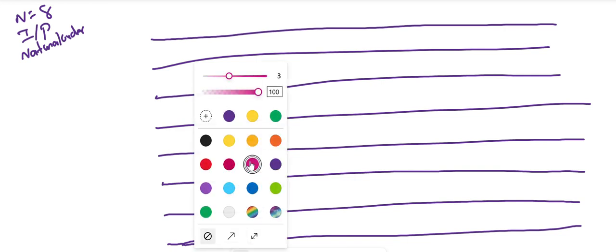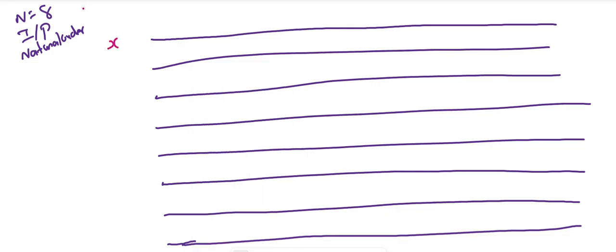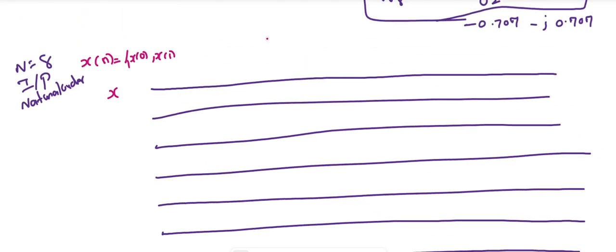Inputs are in natural order. So the 2-point computations we will write. So x of n is given, x of 0, x of 1, x of 2, x of 3, x of 4, x of 5, x of 6, x of 7.